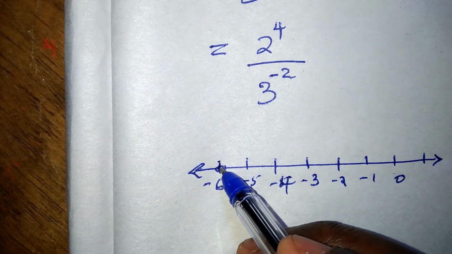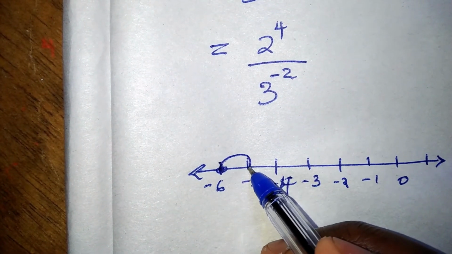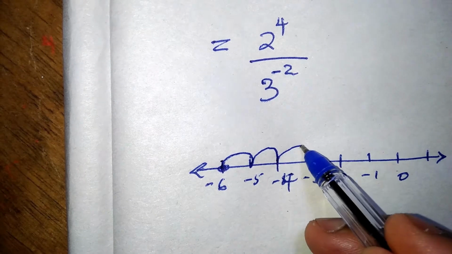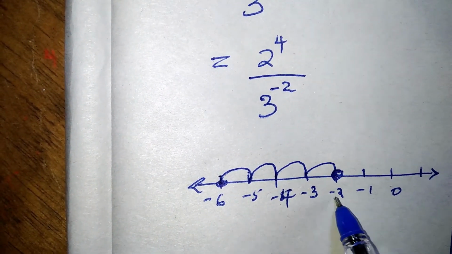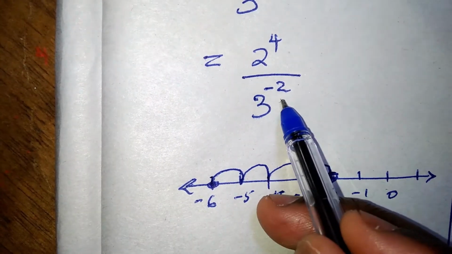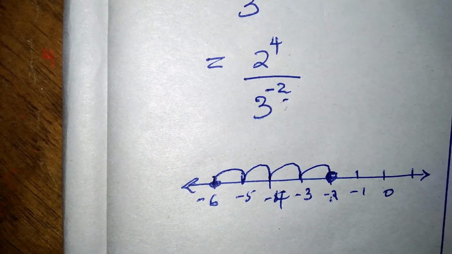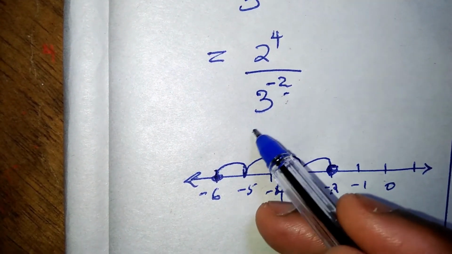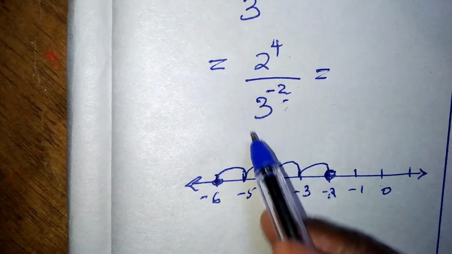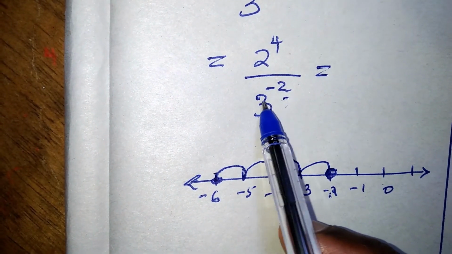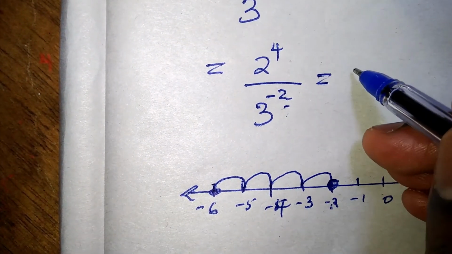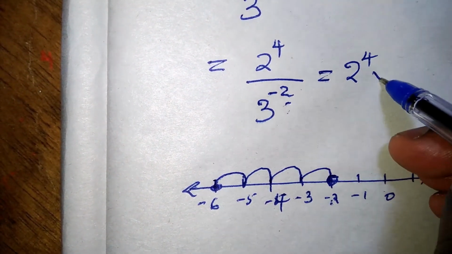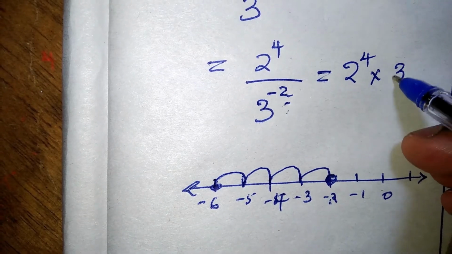So from negative 6, we add 1, 2, 3, and 4, which gives us negative 2, which is actually the answer I've written. Now this question up here, we have not completed it, because if we move on, we apply the reciprocal rule that gives us 2 raised to 4 times 3 raised to 2.